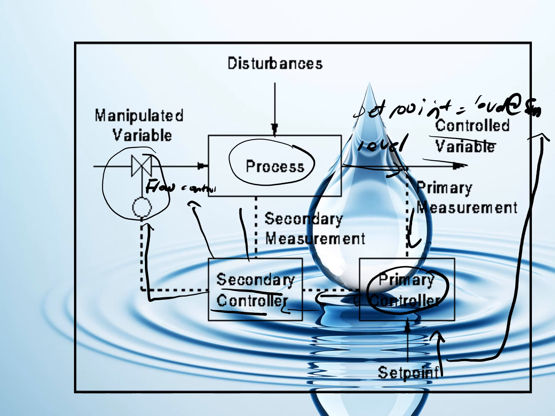If any deviation occurs here, it will also do a correction and send the data to the control element. So this cascade control will cater to any deviation on the control variable and also the disturbance variable.